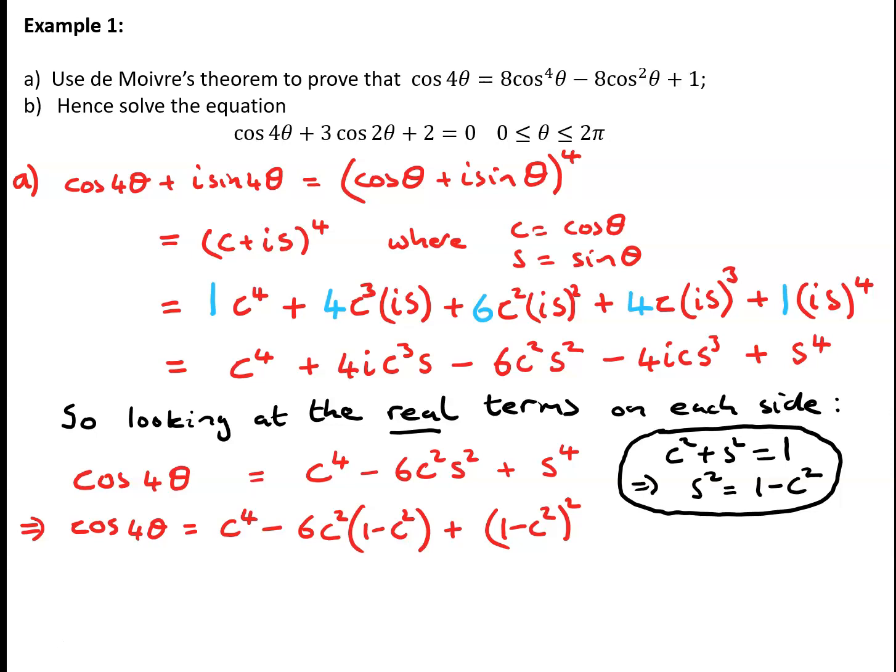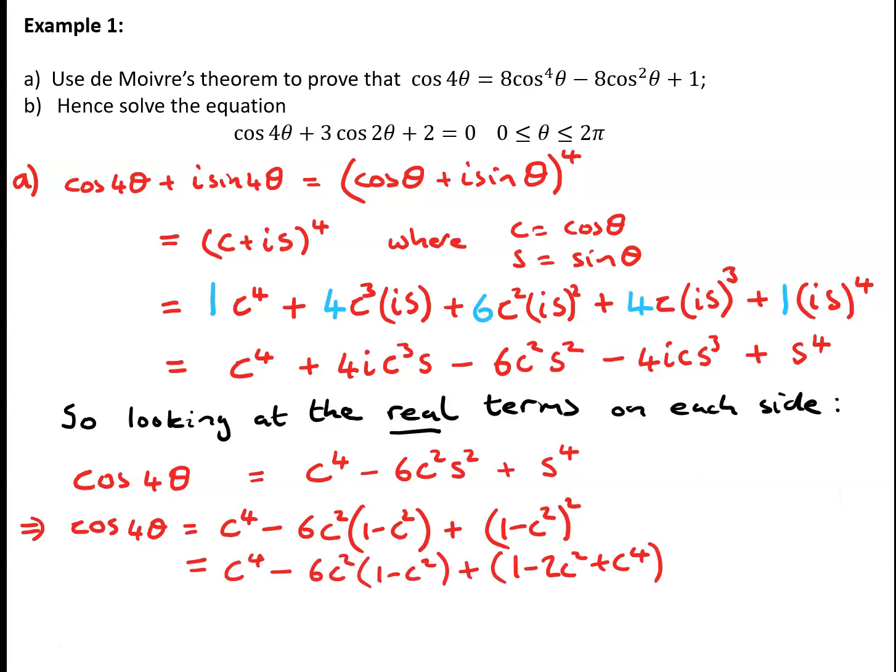Well, s to the 4 is s squared squared, which is 1 minus c squared squared. So that's c to the 4 minus 6c squared times by 1 minus c squared, plus the expansion of 1 minus c squared squared, which is 1 minus 2c squared plus c to the 4.